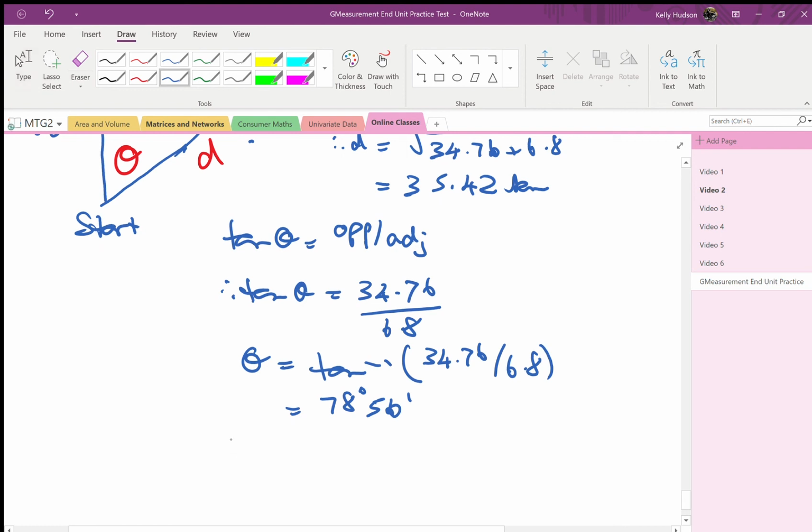So I could write it down as 78 degrees, 56 minutes T, or north, 78 degrees, 56 minutes towards the east. And that'd be my final answer.